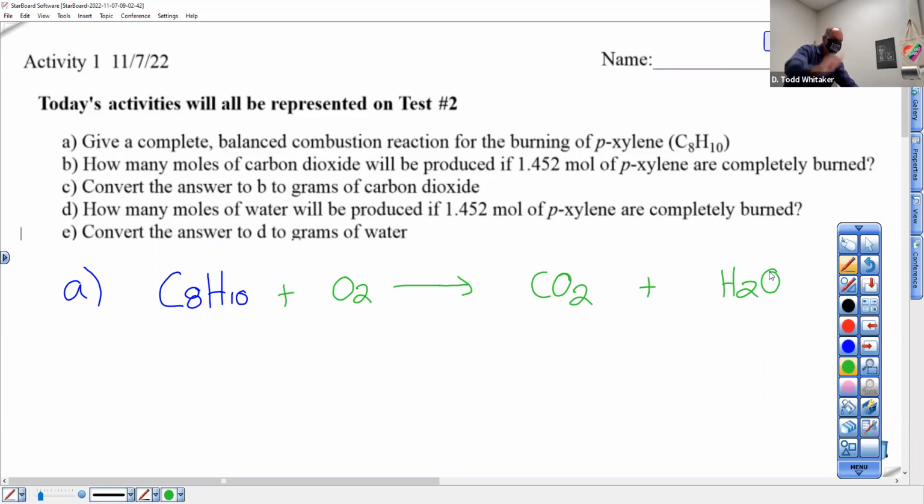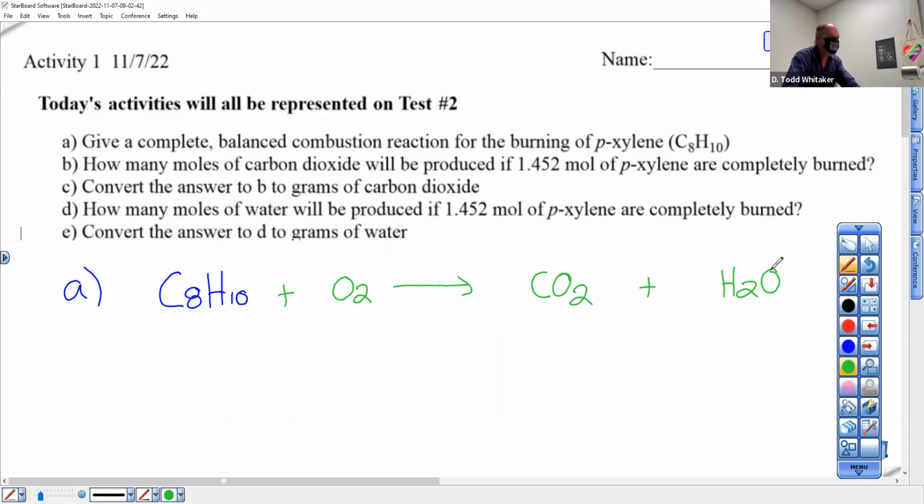All right. Make sure you get that activity back there when you're coming in. And so A, we're on our way, but we're not balanced, are we? We got our formulas, and in this one, you can start with carbon. Students like starting combustion with carbon. They can also start with hydrogen.